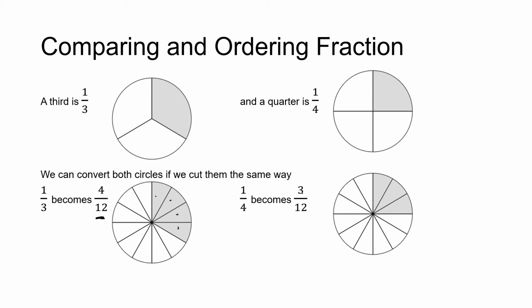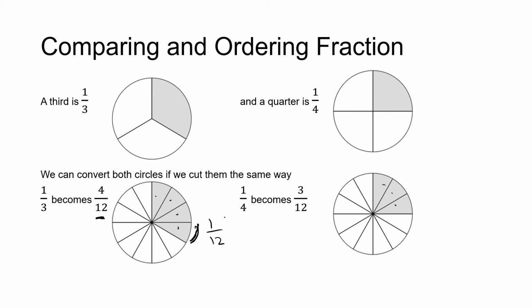And 1/4 is now 1, 2, 3, 3/12. Now you can see that 1/3 is bigger than 1/4 by this amount, and this amount is 1/12. That's how big 1/3 is compared to 1/4.